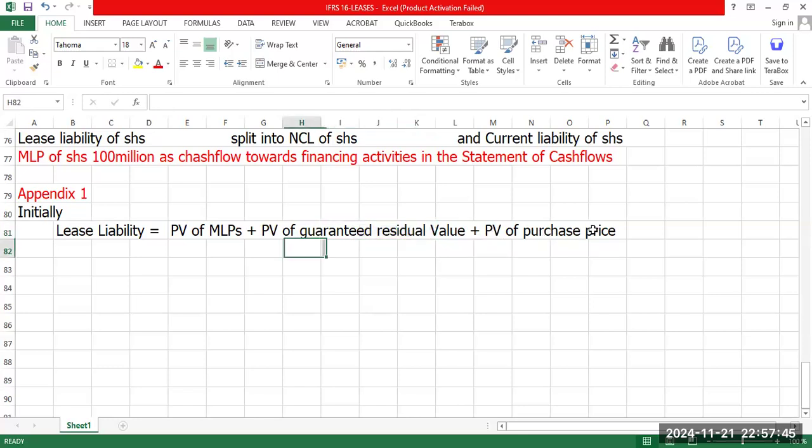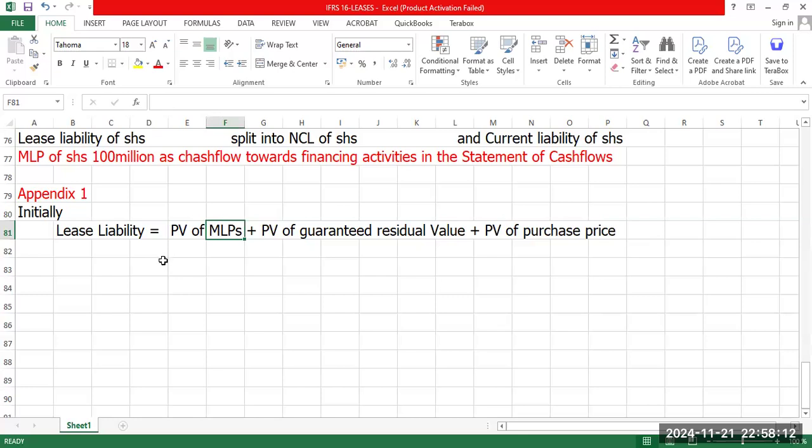Then this one, I said it can be there only if you can tell the amount of the purchase price. If there is a purchase option, then what is the purchase price? If you can see the purchase price, then look for its present value. Okay. But in this question, we only have minimum lease payments.